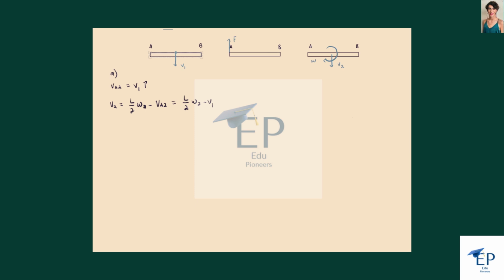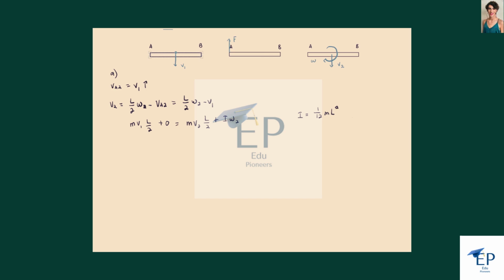Now, taking the moments about point A and taking the clockwise direction as positive, we'll have M v1 L over 2 plus 0 equals M v2 L over 2 plus I omega 2. Since this is a rod, the equation for its moment of inertia is 1 over 12 M L squared.